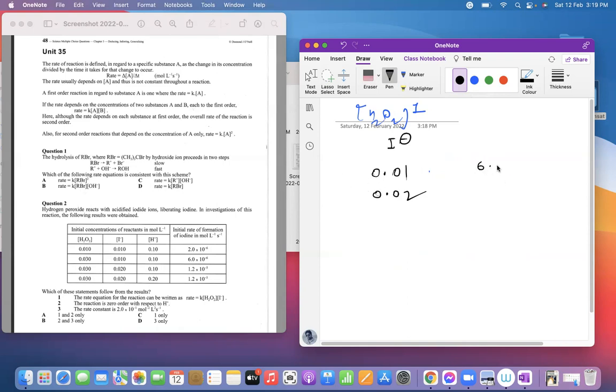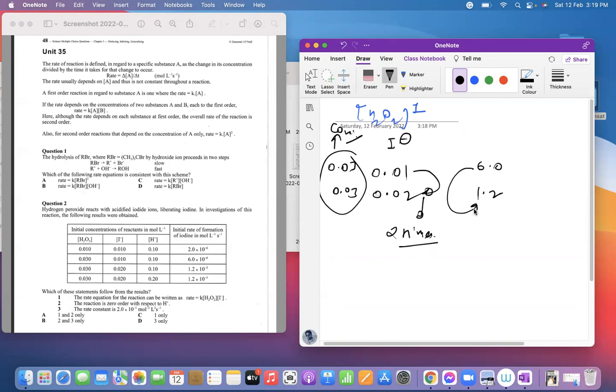The rate goes from 6.0 to 1.2. So this becomes 2 times, and this also becomes 2 times.